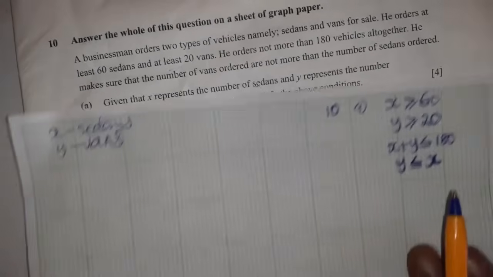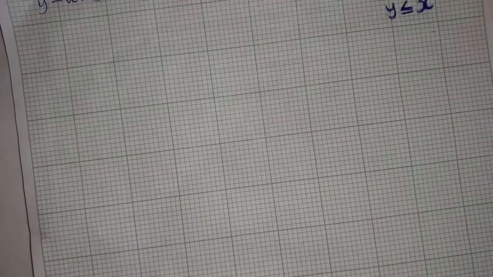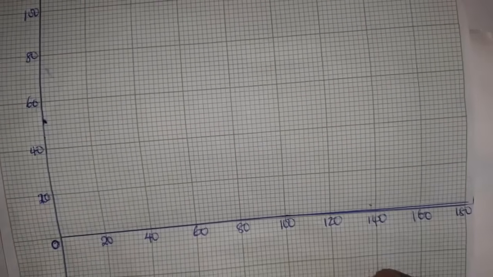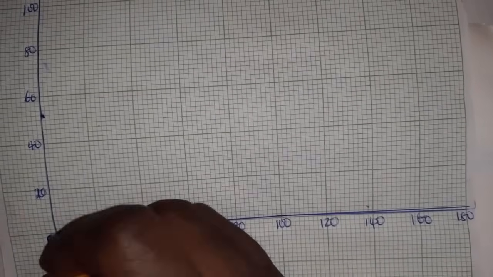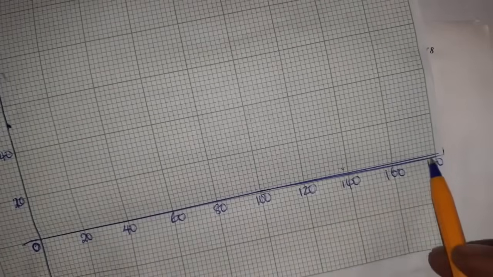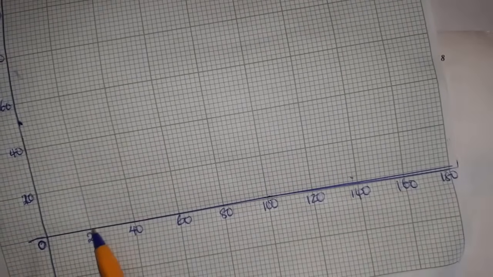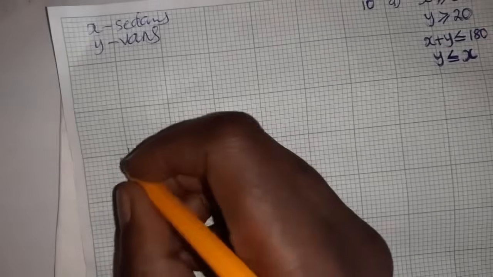Okay, so let's do this. So this is what we are supposed to do. From 0 we go up to 180, 2 centimeters, 20, 40, up to 180. Also this side we do the same thing. All right, this is our x-axis and this is our y-axis here.